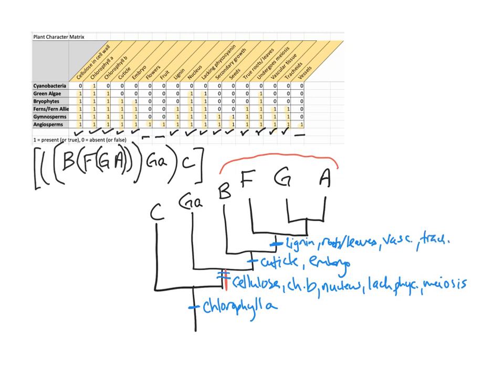Okay, and then the ones that only group gymnosperms and angiosperms, like secondary growth and seeds, are going to be on the branch that only leads to them. So secondary growth, seeds, and then you can go back and catch these ones that are only on one, like vessels. Vessels are only on angiosperms, so you'd put them right there. Same thing with fruit and flowers. And that's how you build the tree and map the characters.